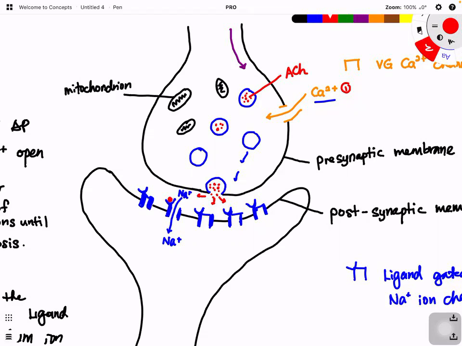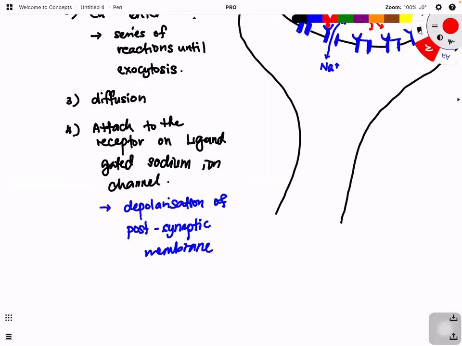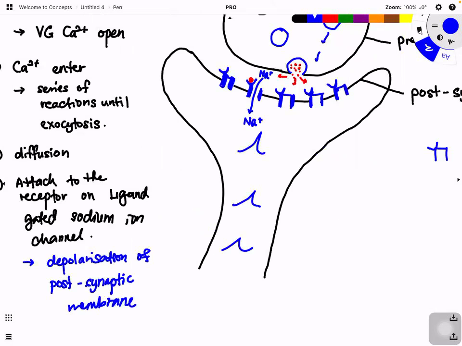Entry of calcium ions causes exocytosis of acetylcholine, which diffuses across the cleft and binds to the receptor on the ligand-gated sodium ion channel. Because of the binding, sodium ions enter and depolarize the postsynaptic membrane, and an action potential is generated. It then continues to transmit along the neurons until it reaches the target cells, for example the muscles or glands. So this is how the action potential crosses the synapse. Are you clear?